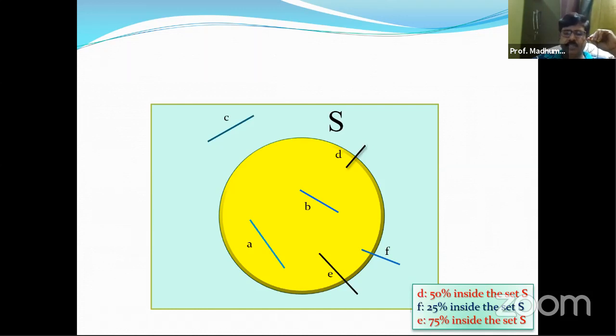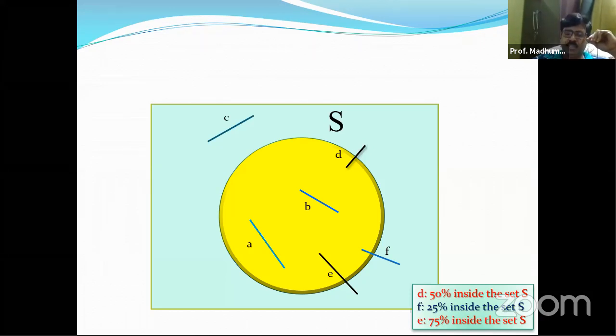So 100% is a number associated with the line segments A and B. 50% is a number associated with the line segment D. Similarly, 25% for F, 75% for E, and 0% for C.